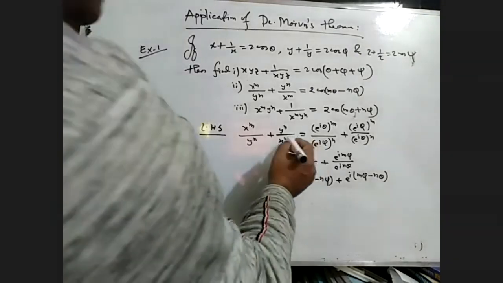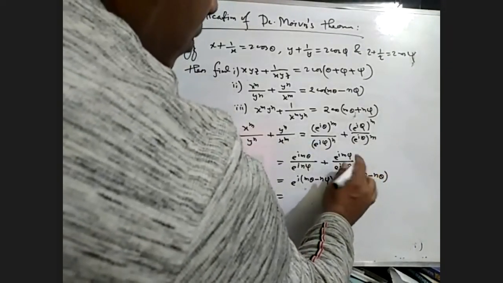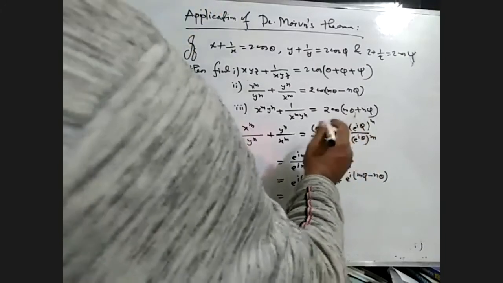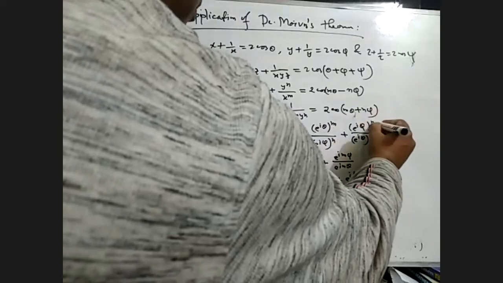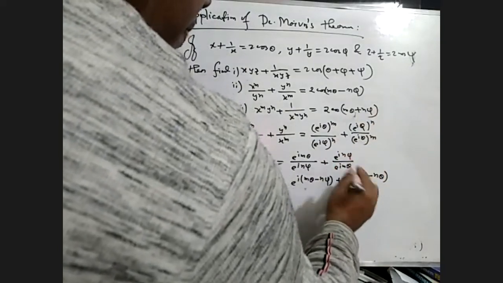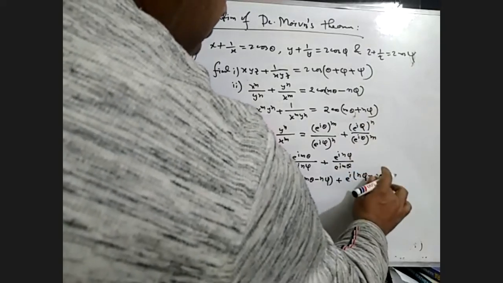Sorry, this will be m, okay, this will be m. Here is wrong. M, and this will be n. This will be n. Okay, so this will be n phi minus m theta.